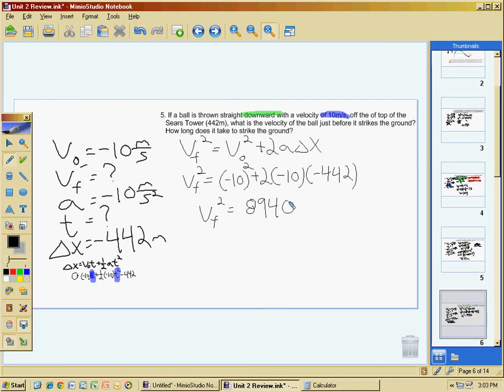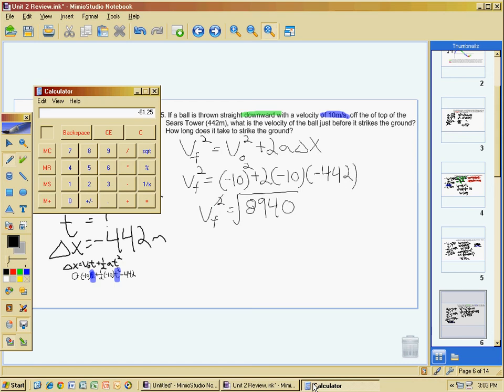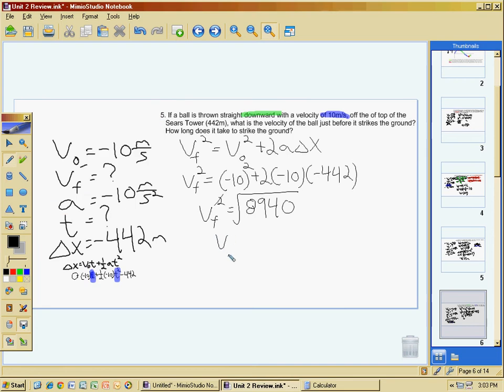Hopefully I didn't screw the mental math up. We take the square root to get rid of that squared. And once again, mental math is not my strong point with square roots. We take the square root of that, giving us a final velocity of 94.55. Now don't forget, in front of any number after you've taken the square root, you have a plus or minus.